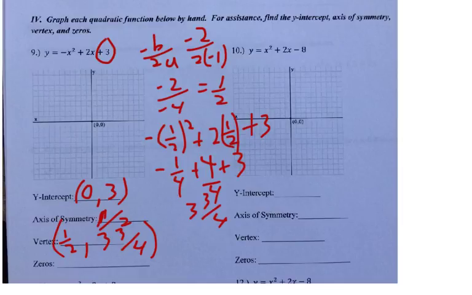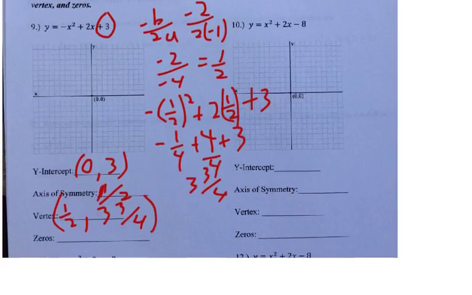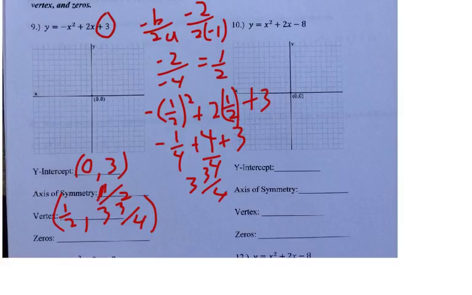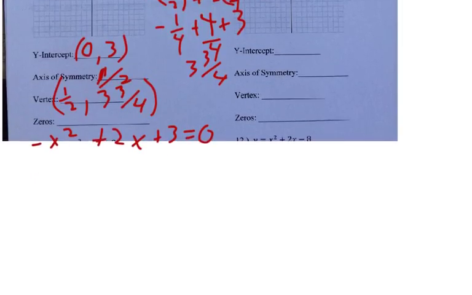Alright, on that next piece we have the zeros. What I'm going to do is set this equal to 0, so it's going to be negative x squared plus 2x plus 3 equal to 0. And I don't like that negative lead coefficient, so I'm going to factor out, this is huge, factor out that negative 1, so this will come out right.